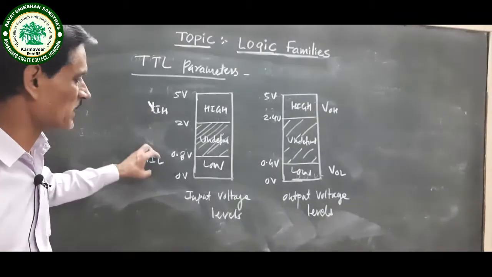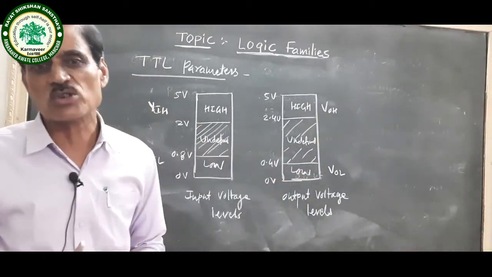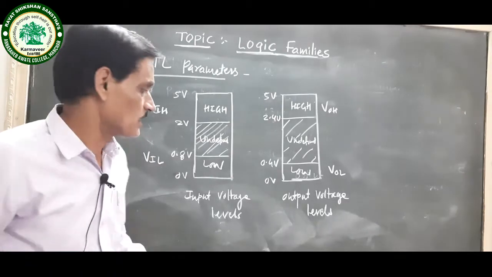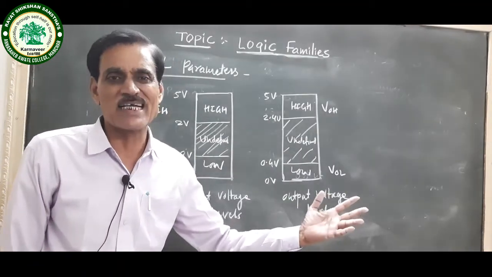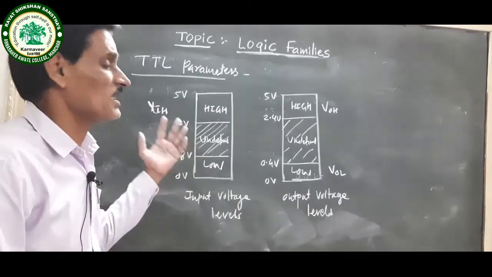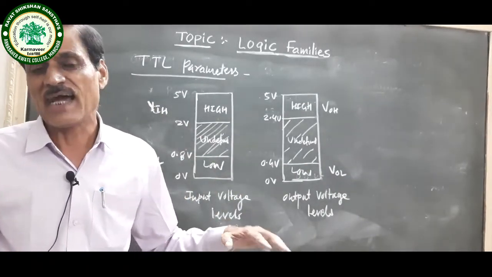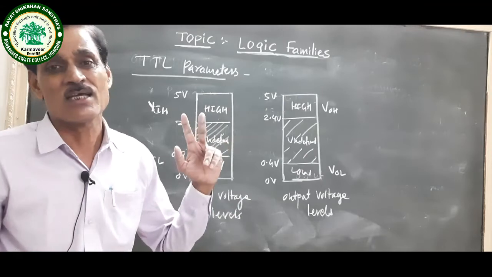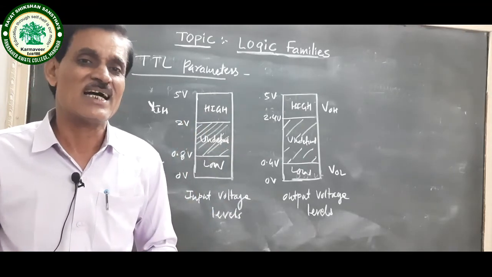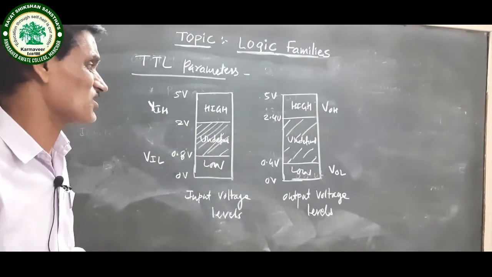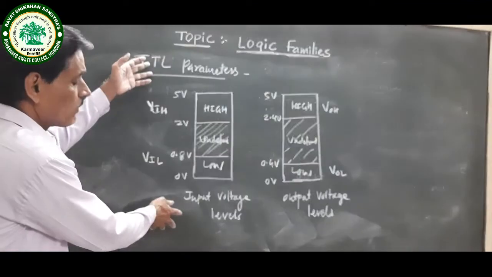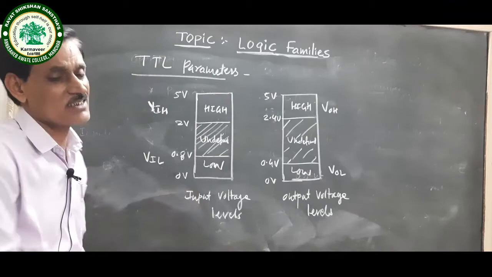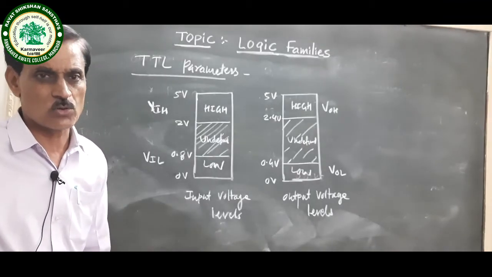Even though I have written 4 parameters, in total you get 8 values related to the voltages. Correspondingly, you get 8 different values related to the currents, and related to the supply voltage there are 2 currents, ICCL and ICCH. While designing circuits using TTL ICs, these levels play an important role.